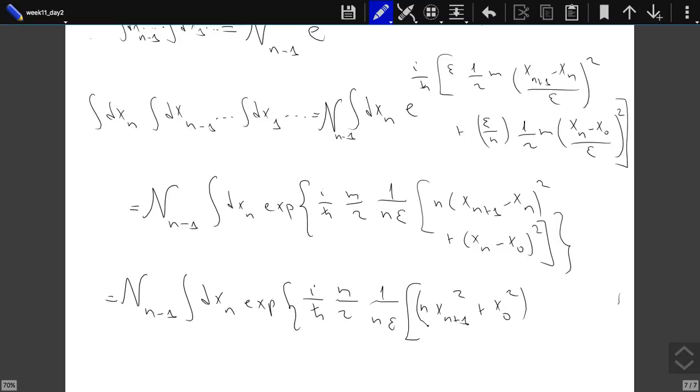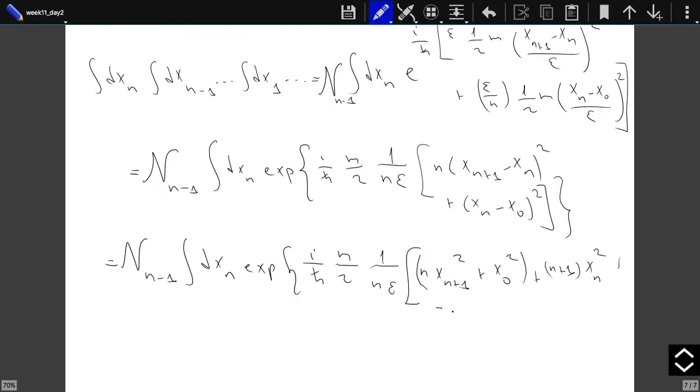These two terms do not depend on xn. Then we have n plus 1 xn squared. And then we have minus twice xn, n times xn plus 1 plus x0. These are all the terms we have in the exponent.